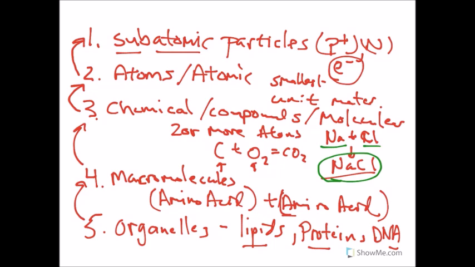So sodium chloride does not have the same properties as the atoms that make it. H2O, the chemical, does not have the same properties as hydrogen, which is a gas, or oxygen, which is a gas. So these are what we call emergent properties. And emergent properties come about when I move up to a new level of organization.